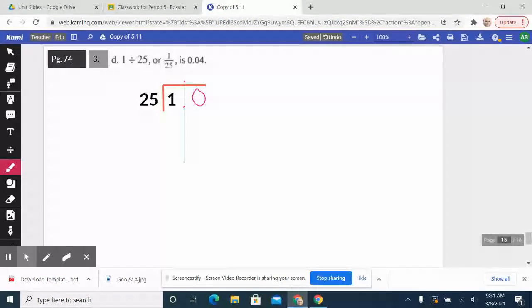So 25 goes into 1 0 times, right? It doesn't go in. 0 times 25 is 0, right? We subtract and we get a 1. We bring down this 0 that I added. Okay, well, 25 doesn't even go into 10. So that's also a 0.